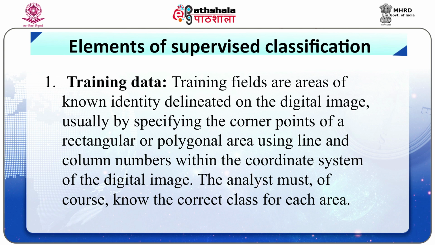The very first is training data. Training data fields are areas of known identity delineated on the digital image, usually by specifying the corner points of a rectangular or polygonal area using line and column numbers within the coordinate system of the digital image. The analyst must of course know the correct class for each area.